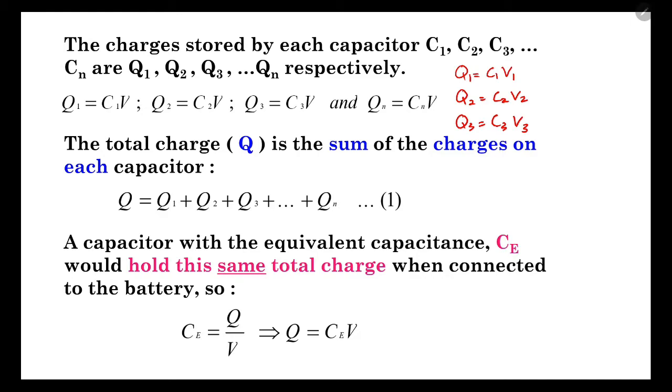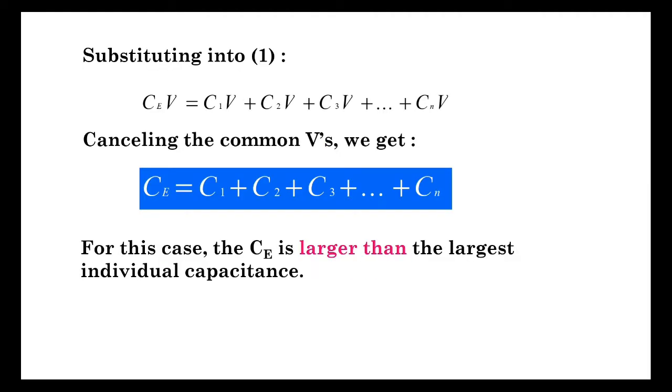A capacitor with the equivalent capacitance CE will hold the same total charge when connected to the battery. So you need to find the effective capacitance. First, you need to know the basic things I have told you: charge for capacitors connected in parallel is not the same.